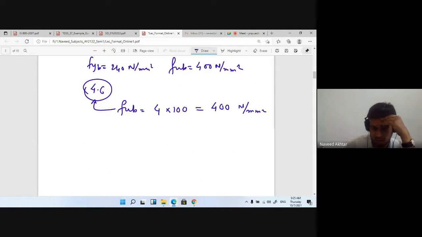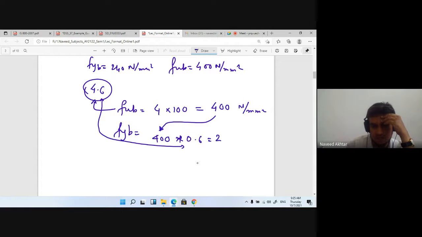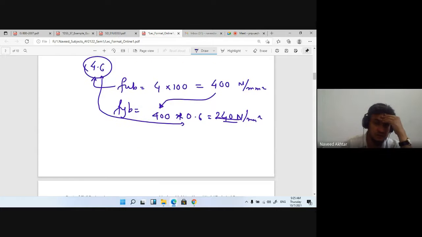Similarly, you can find the yield stress of the bolt material, that is FYB. You multiply the ultimate value by the value after the point, that is 0.6. It will give the yield strength of your steel.